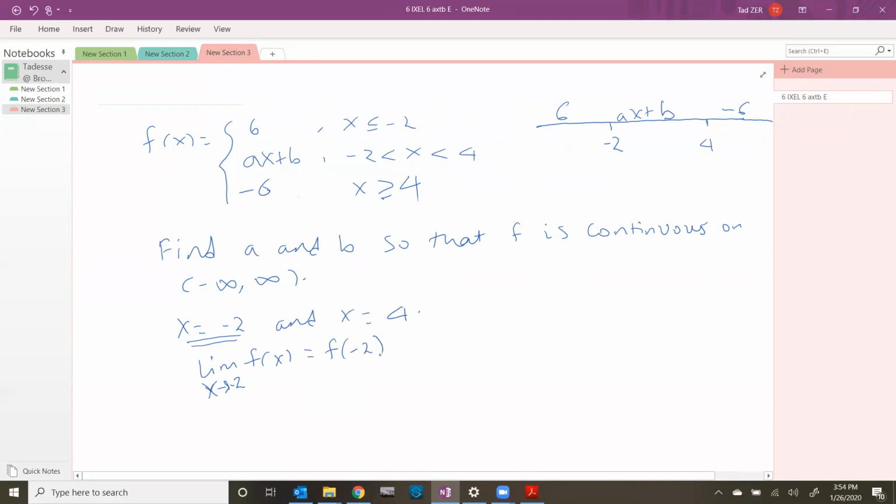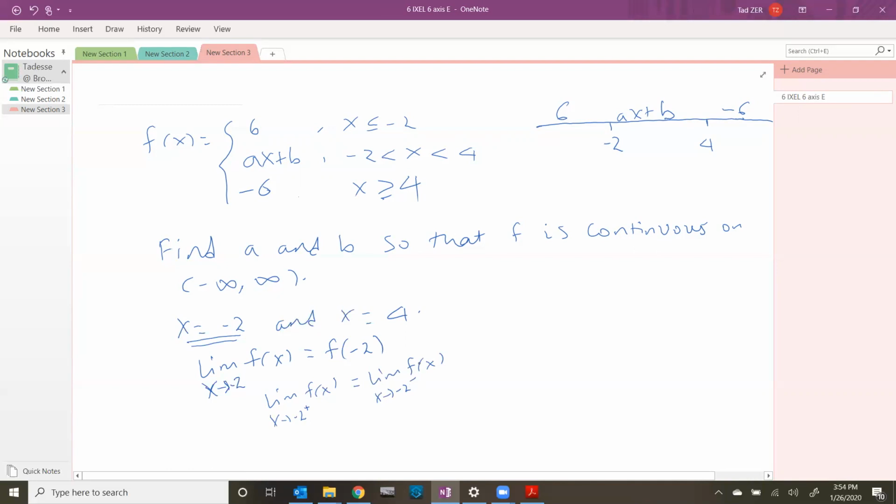That's what continuous at -2 means. Again, you can say the limit exists. The limit of f of x as x approaches -2 exists means the limit of f of x as x approaches -2 from the right equals the limit of f of x as x approaches -2 from the left. The two limits are the same.